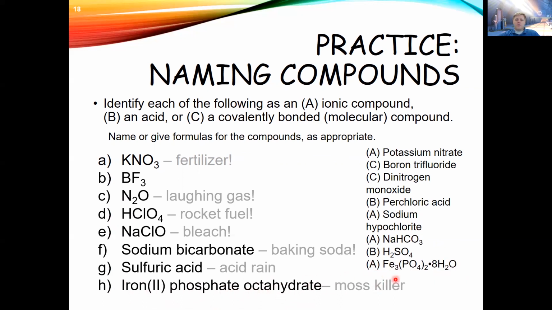And phosphate's formula is PO4, and we know that we're going to need 2 phosphates because iron has a charge of 2. Now to figure out how many irons you need, of course, you'll have to know the charge on phosphate. Phosphate has a charge of 3, so we'll need 3 irons. I mean, you should have been able to get this octahydrate here. Octa means 8, just like an octopus.